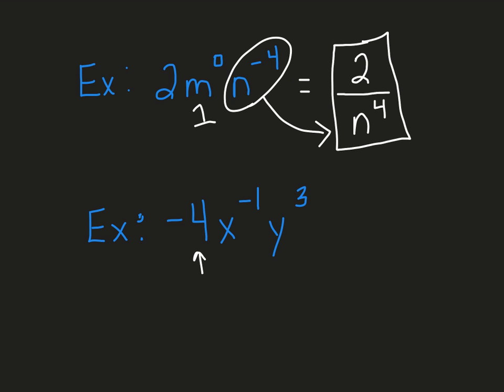All right, so this next example, this negative 4, he's okay. This one needs to cross the line, and y to the 3rd is okay. So it's negative 4 y to the 3rd, and then cross the line and change the sign. But do we really need to see that that's a to the power of 1?